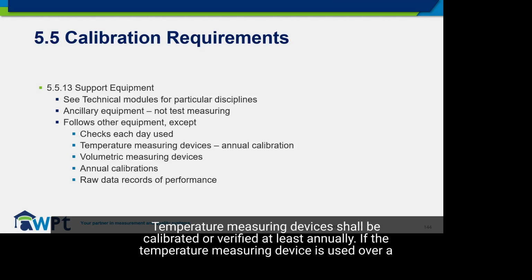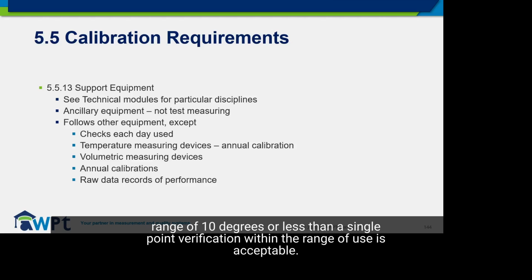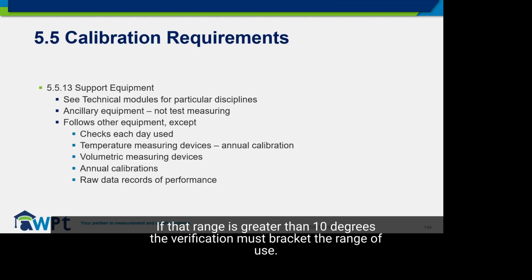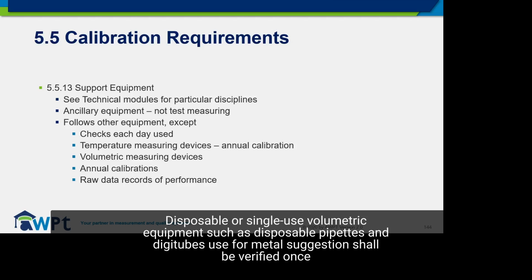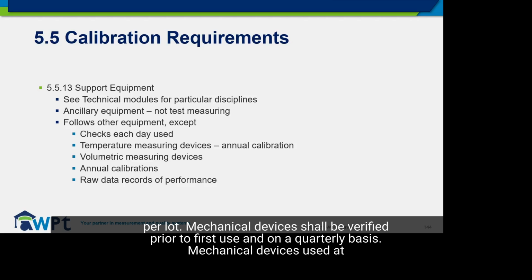If the temperature measuring device is used over a range of 10 degrees or less, then a single point verification within the range of use is acceptable. If that range is greater than 10 degrees, the verification must bracket the range of use. Disposable or single-use volumetric equipment, such as disposable pipettes and digitubes used for metals digestion, shall be verified once per lot. Mechanical devices shall be verified prior to first use and on a quarterly basis.